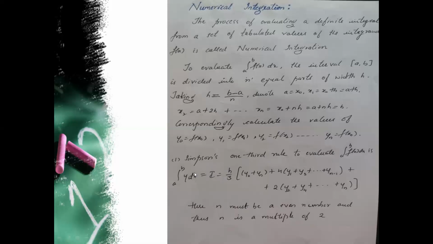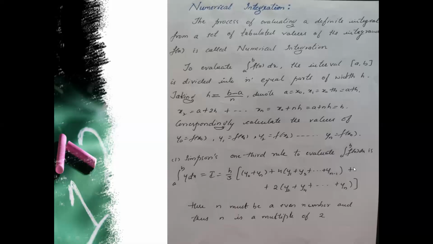Now what this rule tells us, integration from a to b of a function y dx will be equal to h by 3, where h is b minus a divided by n, multiplied with y naught plus yn. First term and last term are added. Now here it is 4 times the odd suffixes of y until yn minus 1, the last but one term.